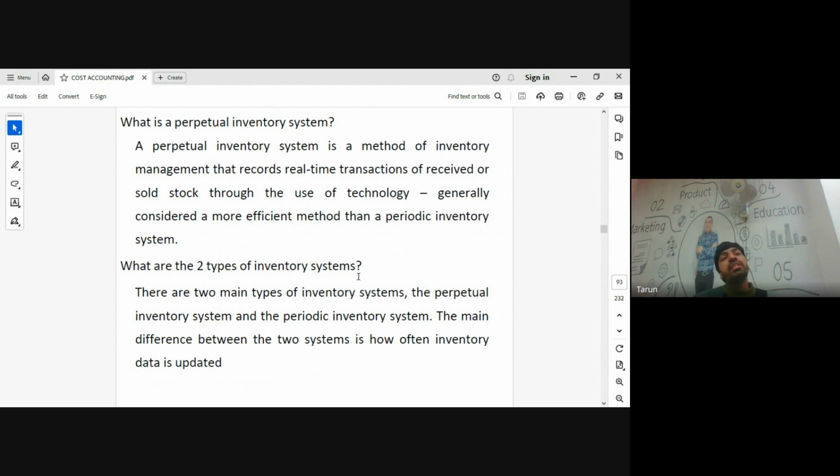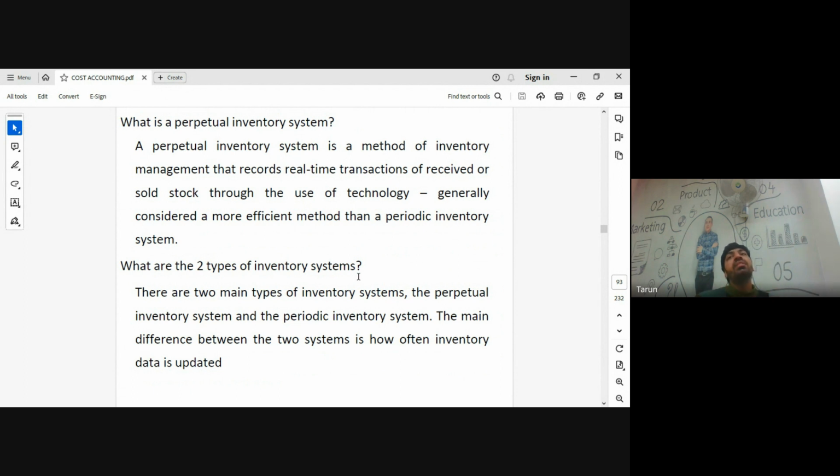So if any sale or receipt of stock is recorded through the use of technology, which is called a real-time transaction, such a method or system we call a virtual inventory system. It is the most efficient method nowadays in modern days as well as in the past few years. Then the periodic inventory system.